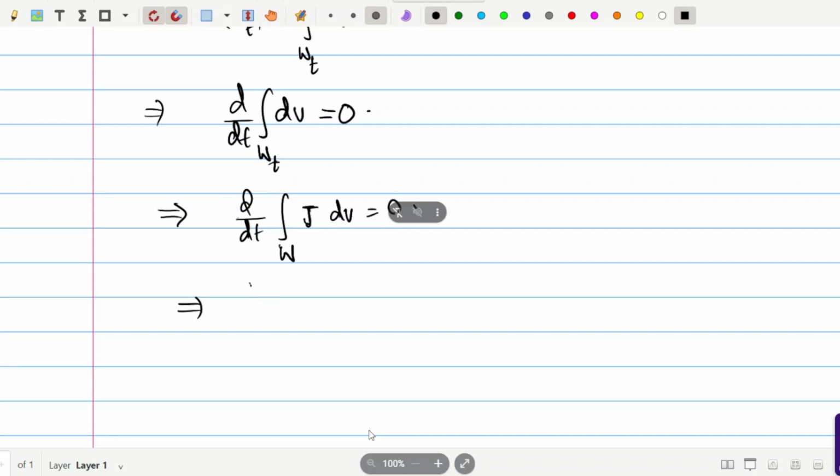This implies the integral over Ω of ∂J/∂t dV equals 0. So what is the meaning of ∂J/∂t? We have done it in the last class. ∂J/∂t, what is the value?